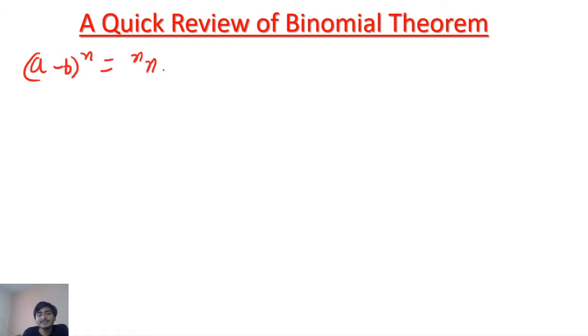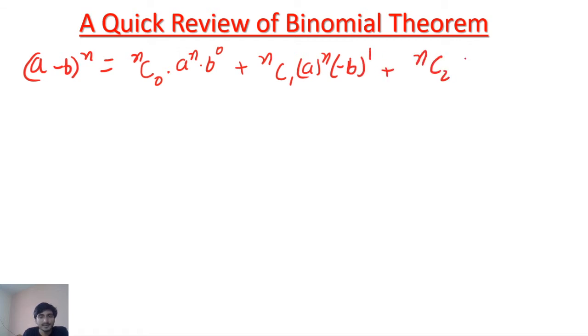So this will become nC0 a to power n into b to power 0 plus nC1 a to power n minus 1 into minus b to power 1 plus nC2 a to power n minus 2 into minus b to power 2.